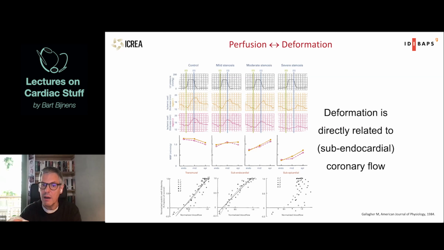Especially in the situation of differential changes between different segments, it is the elastic interaction, because these pieces of tissue are connected to each other within the ventricle, and even in a bigger setting within the whole heart, within the pericardial constraint. So you have to keep that in mind in order to understand it, or if you, as an engineer, want to simulate it. All of these things are as important.